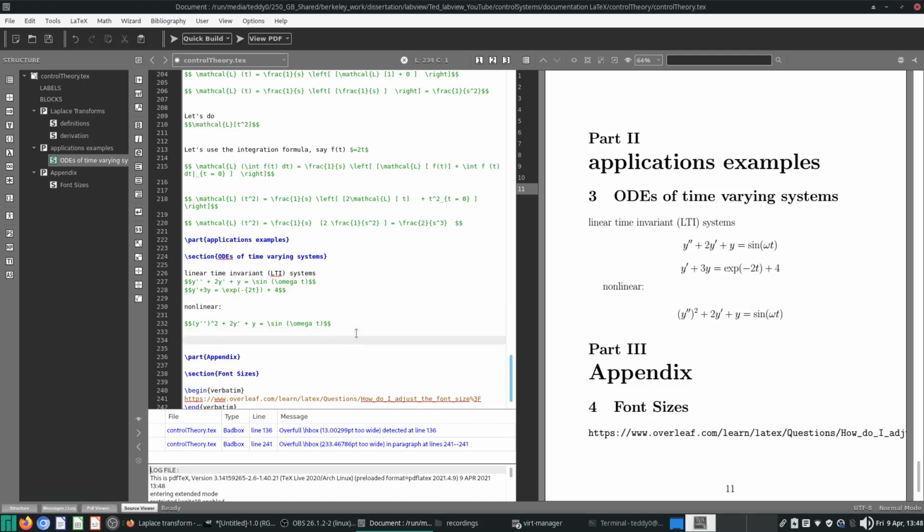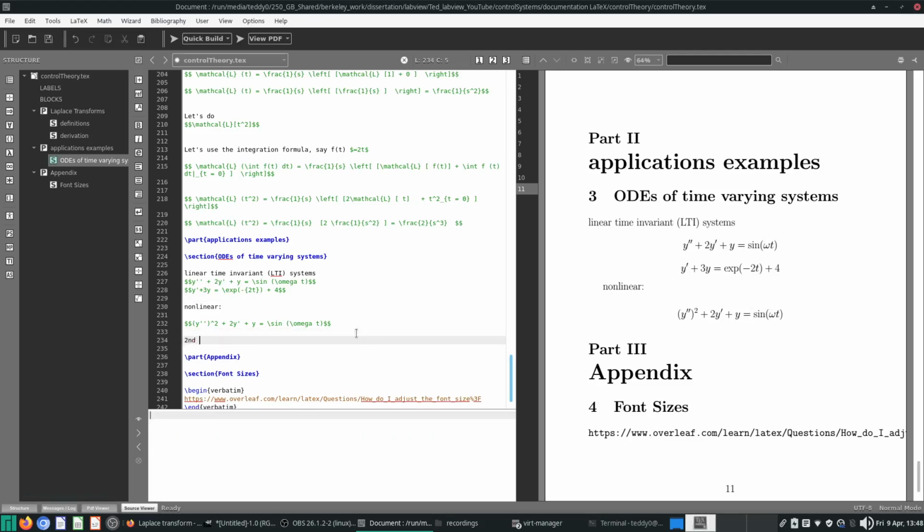So let's just solve these ODEs. We have the second order ODE first. What we generally do is take the Laplace transform of this ODE, and then combine things together, and you'll see what I mean.